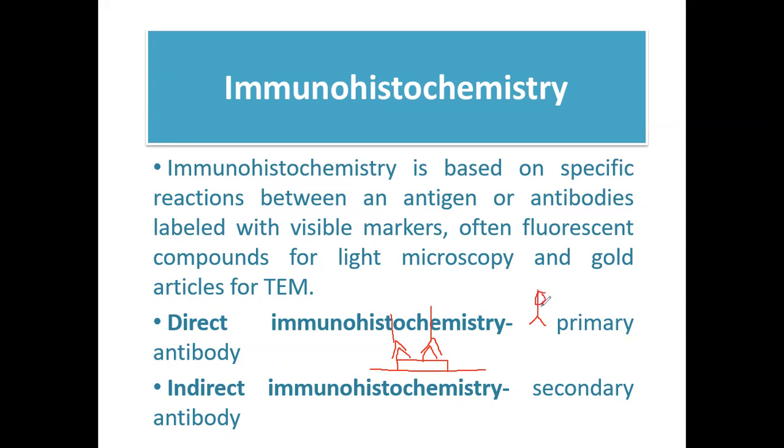Other than that, they are directed against your primary antibody. Hindi sila magbabind dun sa antigen mo because they are not anti-A antigen. They are actually anti-A antibody. Okay? So against sila dun sa antibody na ginamit mo against your antigen sa tissue.